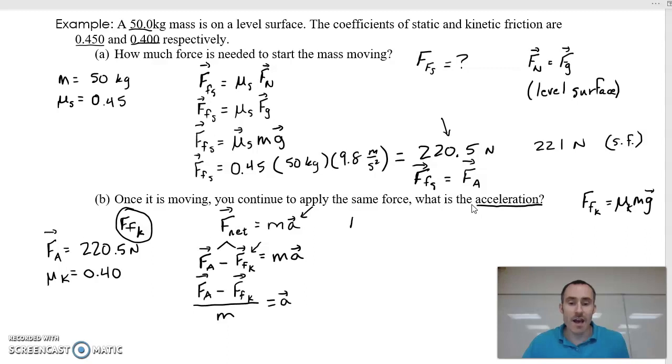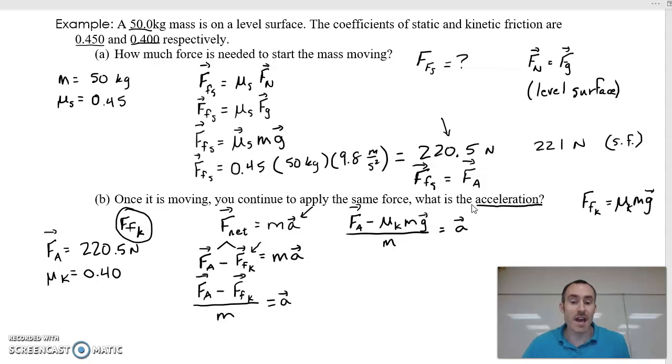So we have F_A minus mu_K mg divided by m equals the acceleration. And now these are all numbers we can plug in.